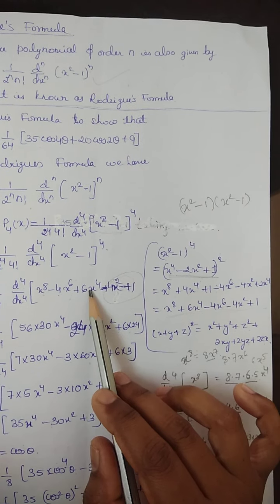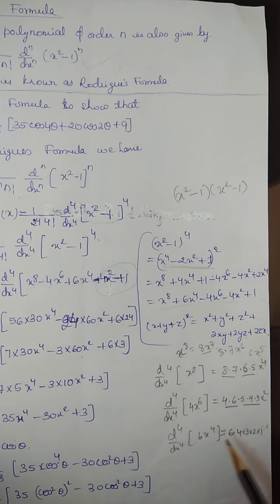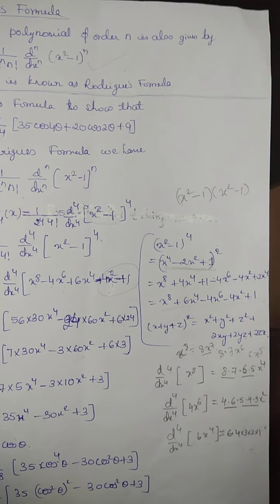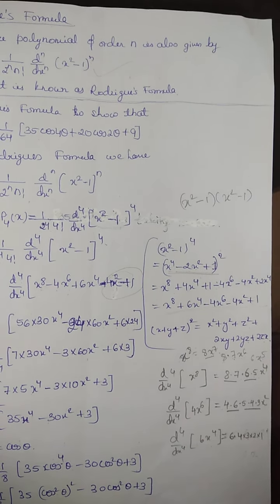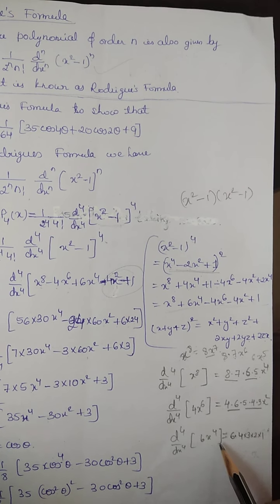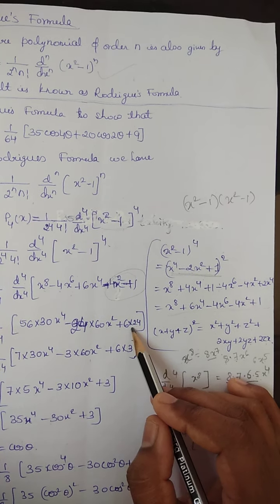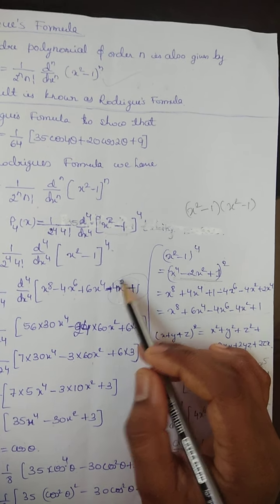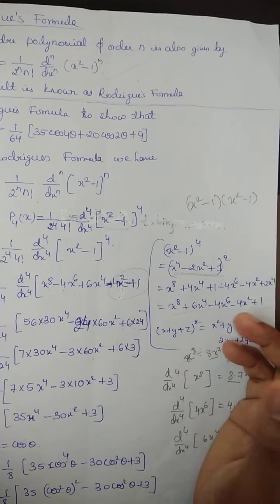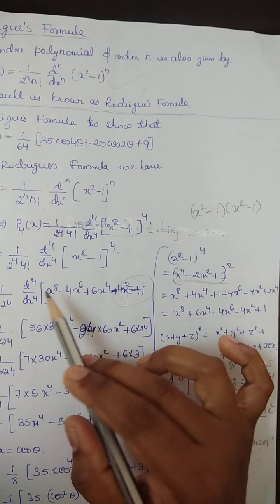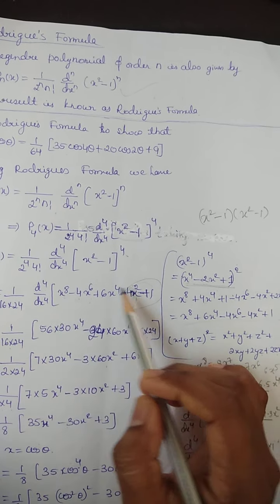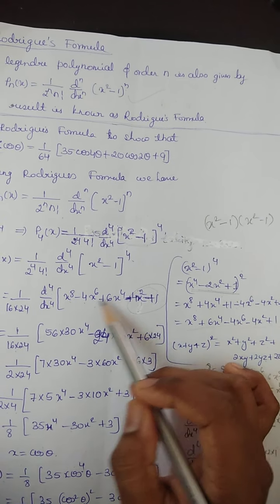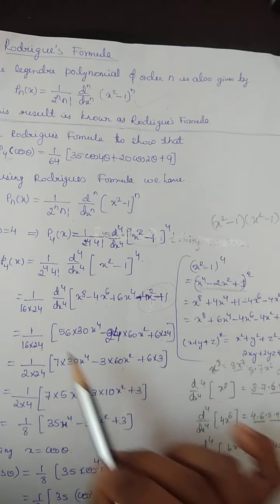Plus the third one, 6x raised to 4: differentiate, 6 keep as it is, 4, 3, 2, 1, so it will be a constant, no x term. Now we cannot differentiate the remaining terms 4 times, it will be 0 there. So whatever the differentiation is of order less than 4, skip that and write down these three terms.